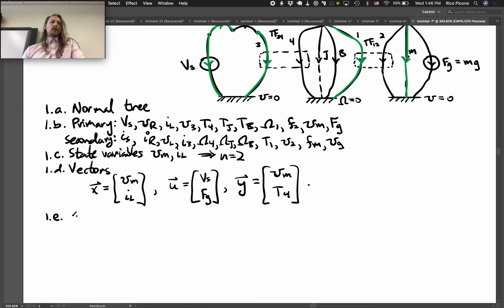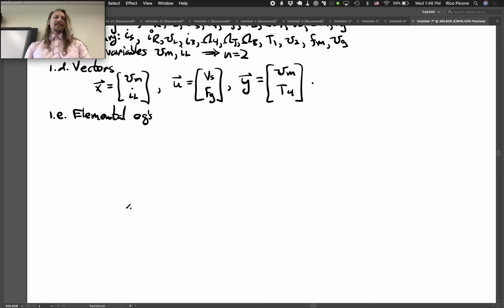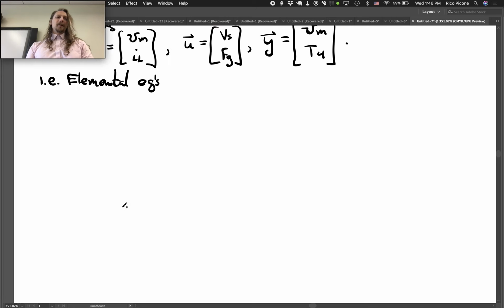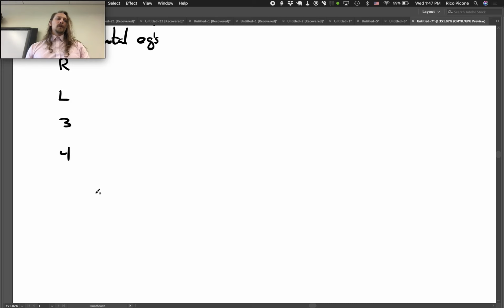Okay, elemental equations. If we were masochists, we could just put every variable. So let's list our elements here. So I'll just do them in order here. R, L, 3, 4.